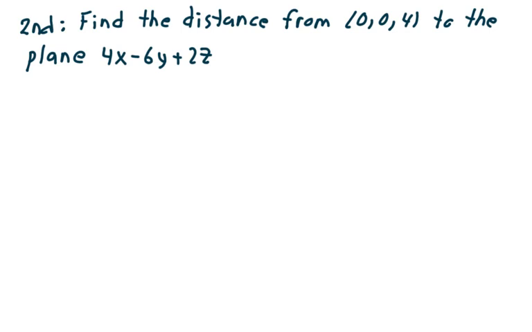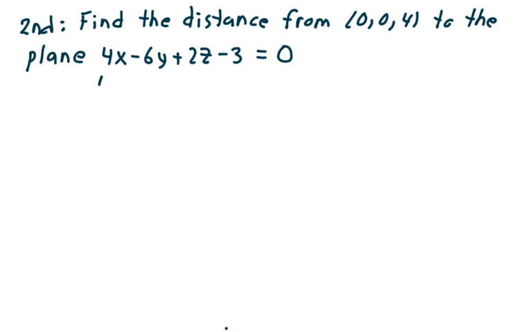And watch what I'm going to do: I'm going to move the 3 over and set this equal to 0. So in other words, we want the distance from the point (0, 0, 4) to the plane 4x - 6y + 2z - 3 = 0.